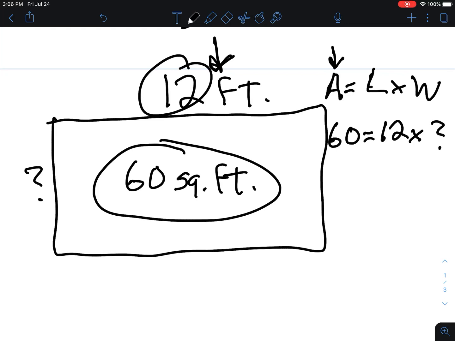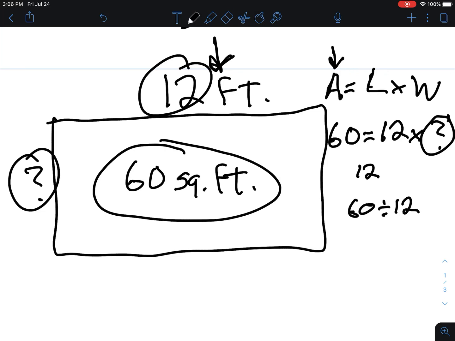So let's just say I know it's 12 times something. So to find this side, you have to find out what you'd multiply 12 by to get 60. So you can do that by counting by 12s and see how many 12s you get till you hit 60.